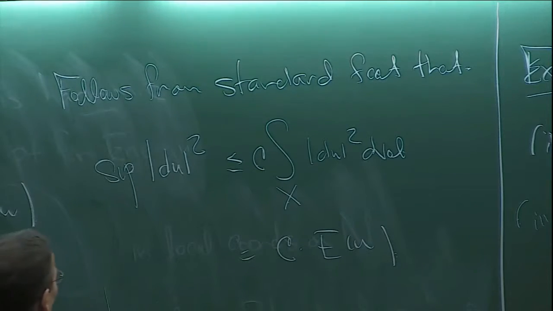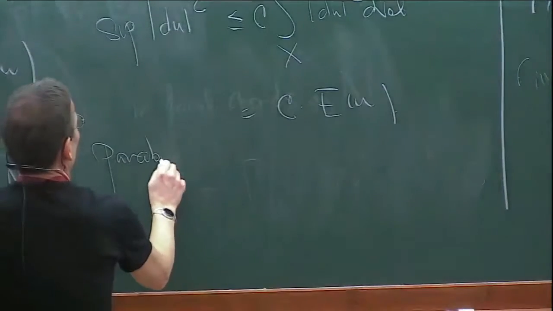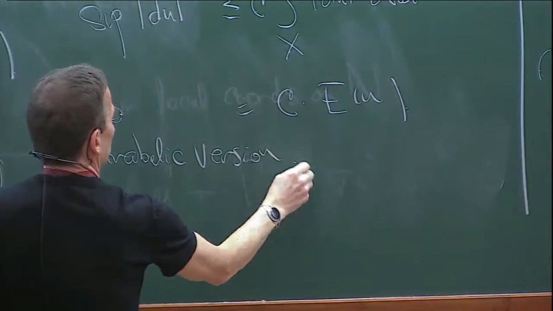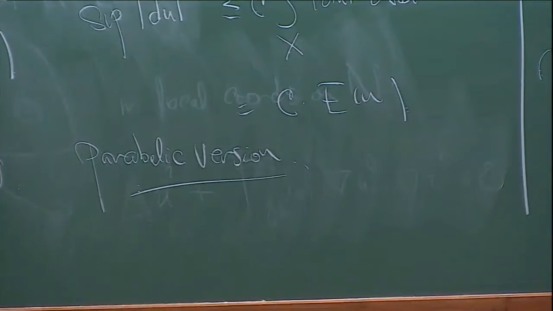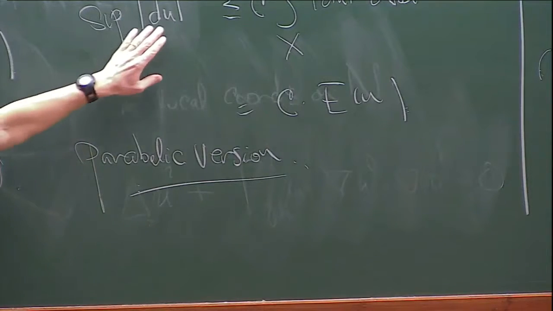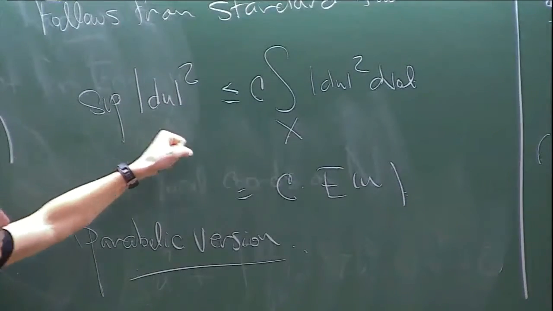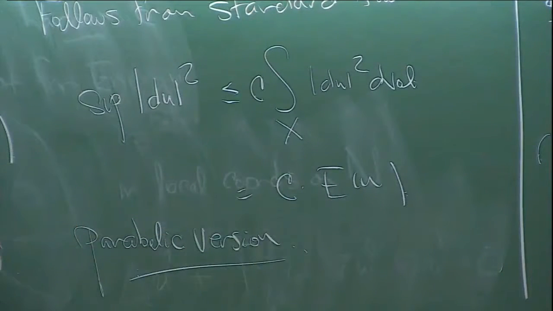Plus there's a parabolic version of this, which I will use tomorrow. But here I just want to give you the general idea that in the presence of non-positive curvature, you get Lipschitz bounds on the map that are uniform in the energy of the map. And this leads to all sorts of very nice properties that simply don't hold if you drop that assumption.